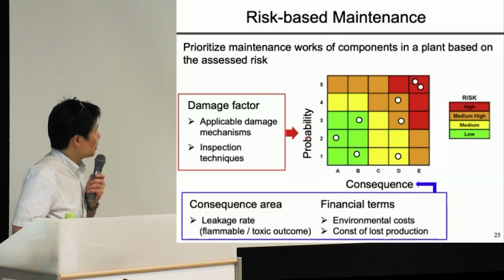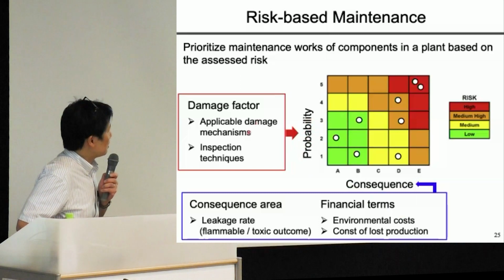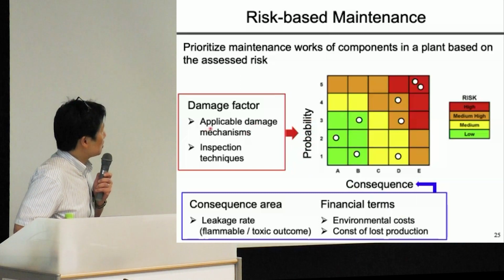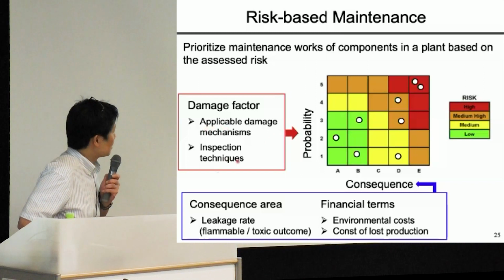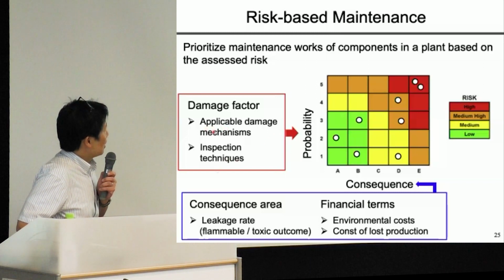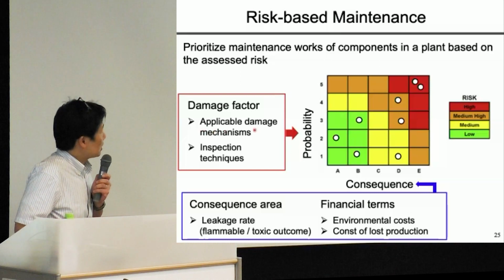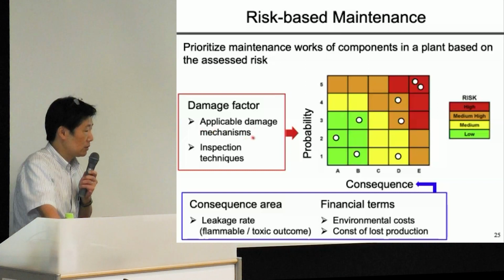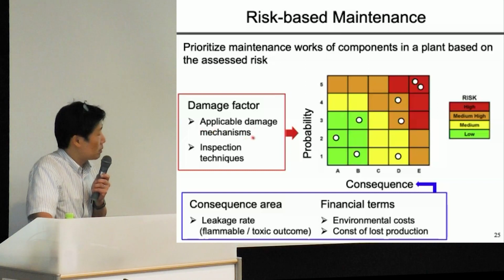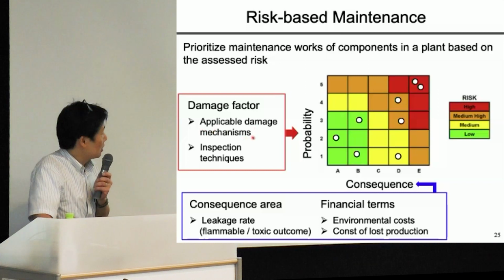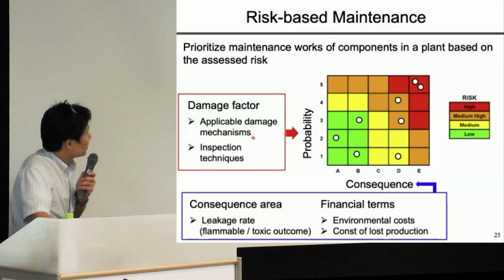Usually, probability of failure is assessed by applicable damage mechanism and inspection technique. So, applicable damage mechanism. Yesterday, you enjoyed a lecture by Professor Nicola Mali and Professor Danset Silvan.